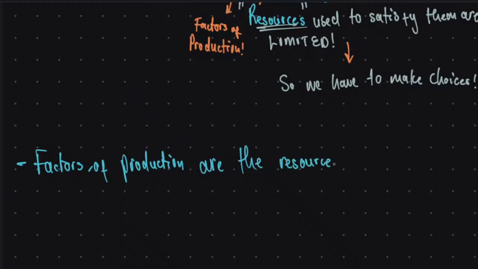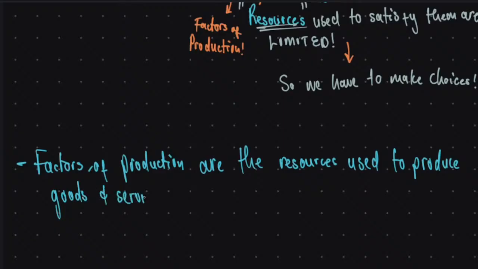So if they ask you in an exam, what are factors of production? These are the resources used to produce goods and services. The resources that they said are limited.